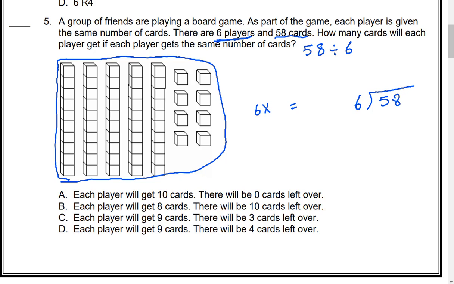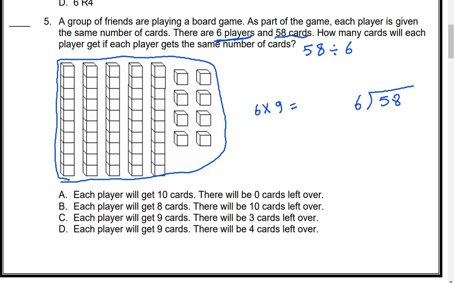Okay, do you know the multiples of 6? The bigger multiples, because this is 58. And as you know, 6 times 10 equals 60. So 60 is more than 58. You will go down. So the biggest number that you can use is 9.